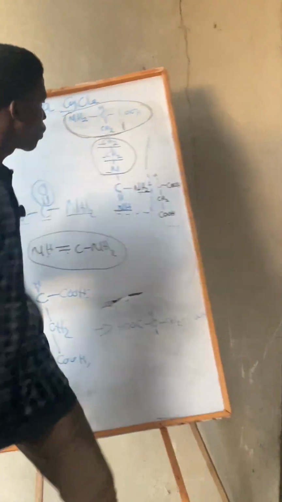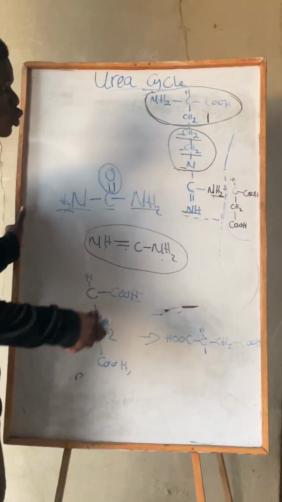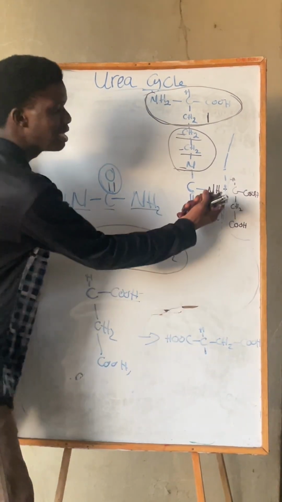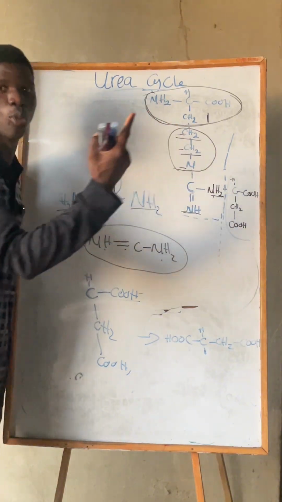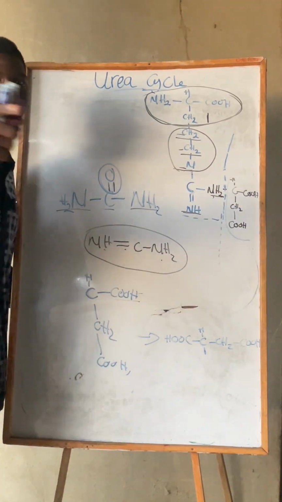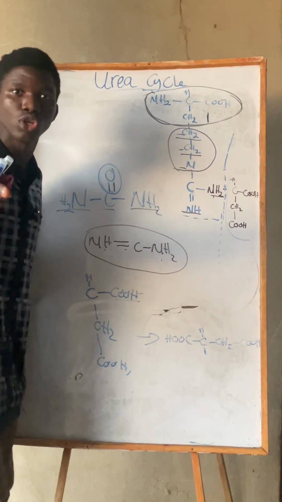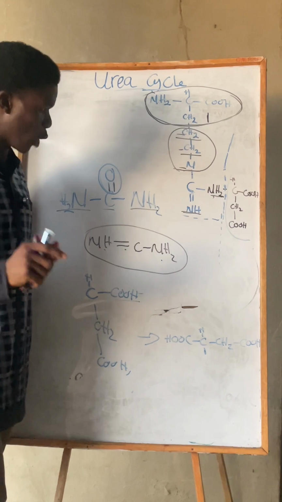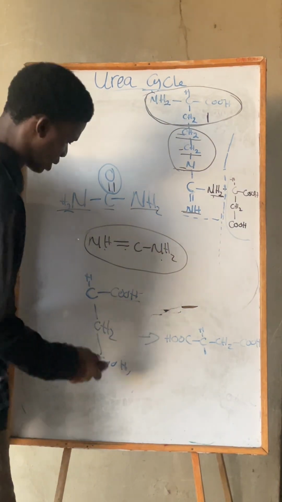That is, you've removed one bond from this carbon here. Because of that, this carbon is going to form a double bond. It means your succinate here will turn to fumarate, because we said fumarate is the one that has a double bond in between. I hope you understand that. So let me draw the structure and you see.